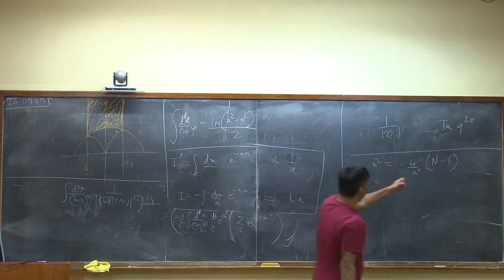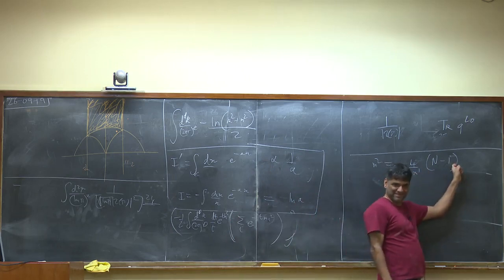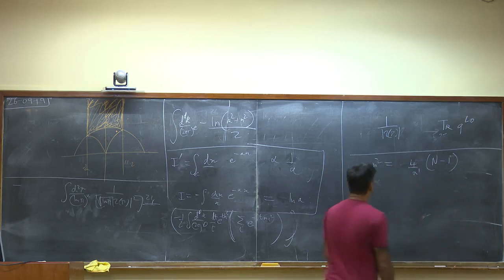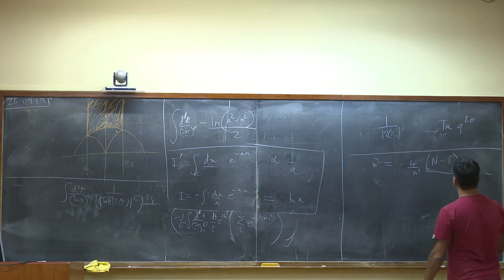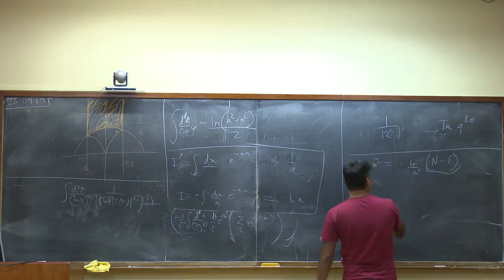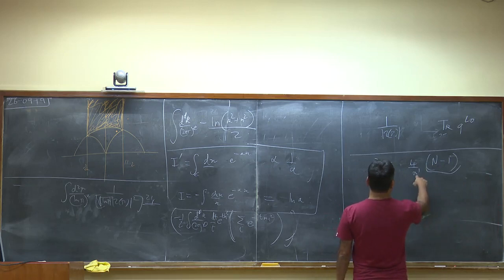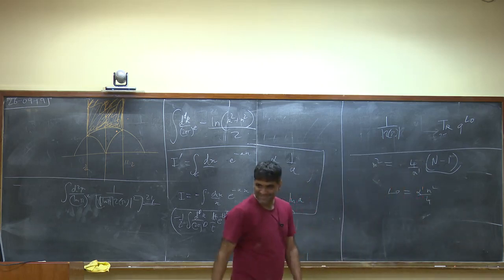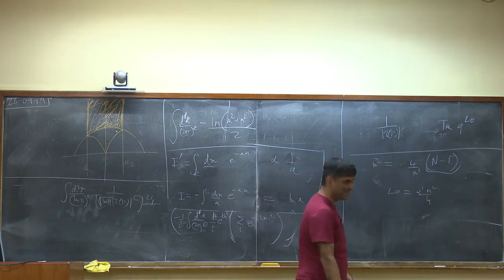So the total oscillator number minus 1 is L naught. So we see that L naught was equal to alpha prime m squared by 4.